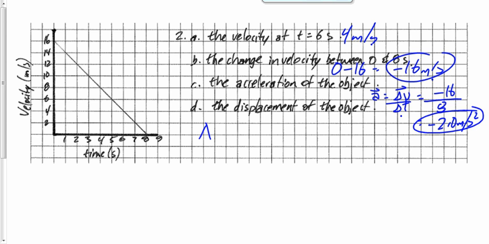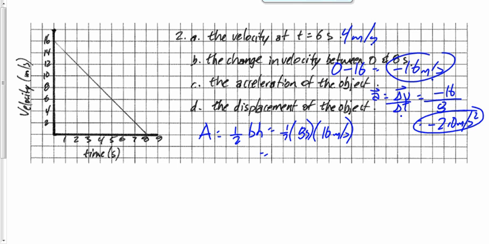And the area, because this is just one recognizable shape, a triangle, tends to be fairly straightforward here. What's the equation for finding the area of a triangle? Yeah, 1/2 base times height, or base times height divided by 2. Good. 1/2 of the base is 8. 8 seconds times the height is 16 meters per second.